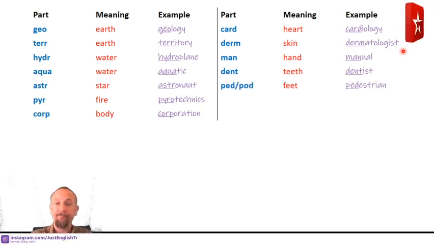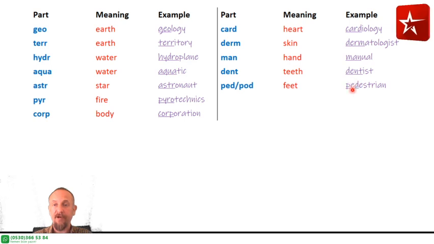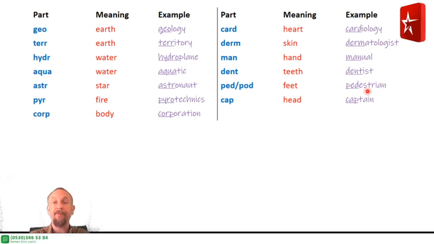Then we got ped and pod, which means feet. And then we have this word here, pedestrian, which is basically what I am. If I travel, I walk from point A to point B. Some people take a car. I prefer to walk. So we have a pedestrian there. And then we have cap, meaning head. And we can see that in the word captain, the head of a team.